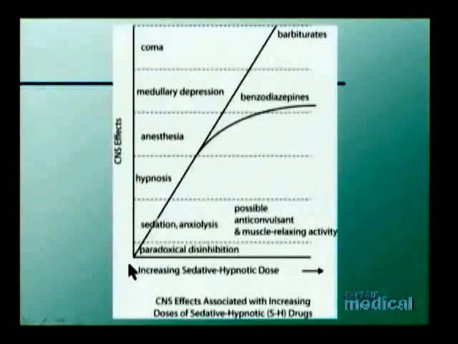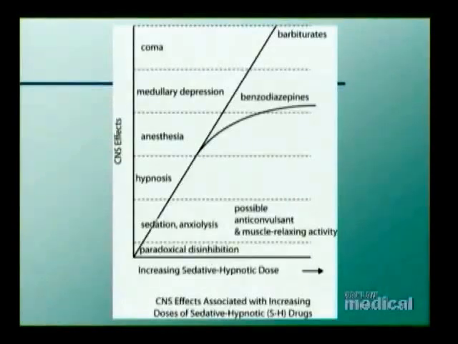You see, this diagram plots as a function of the dose of these chemicals on the y-axis the CNS depressant effect. Now let's look at effects of CNS depression, and let's first notice that the initial CNS depressant effect is that of paradoxical disinhibition. What we mean by this is that effectively the human cortex is filled with excitatory amino acid transmitters, particularly glutamate and aspartate.